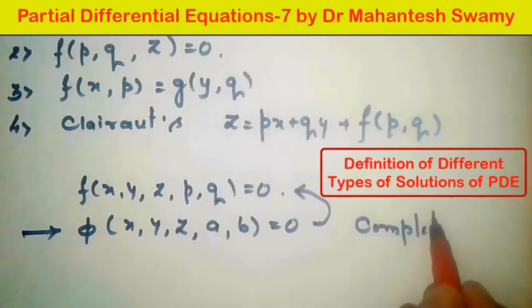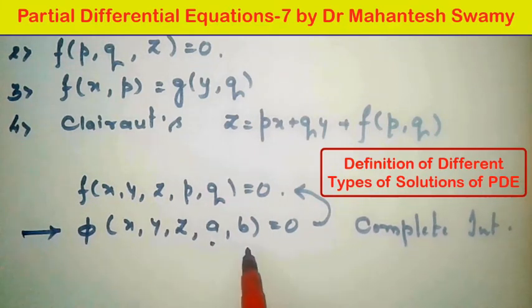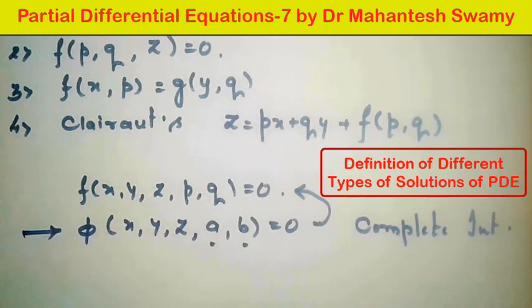The complete integral will have the arbitrary constants a and b, which will be obtained as a result of integration of the given partial differential equation. So the arbitrary constants will arise, and there will be as many arbitrary constants as the number of independent variables in the partial differential equation.